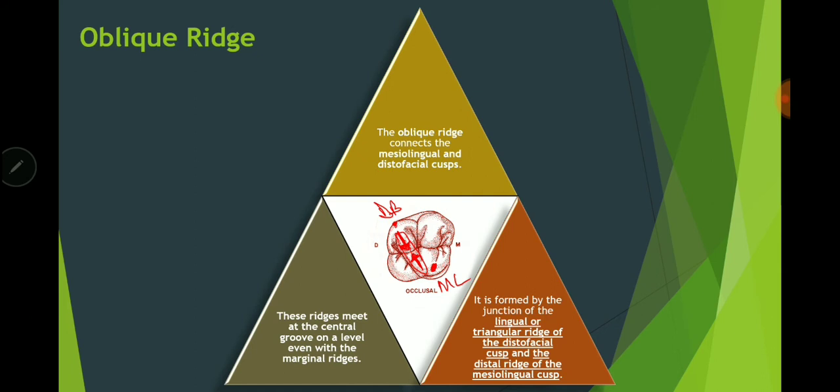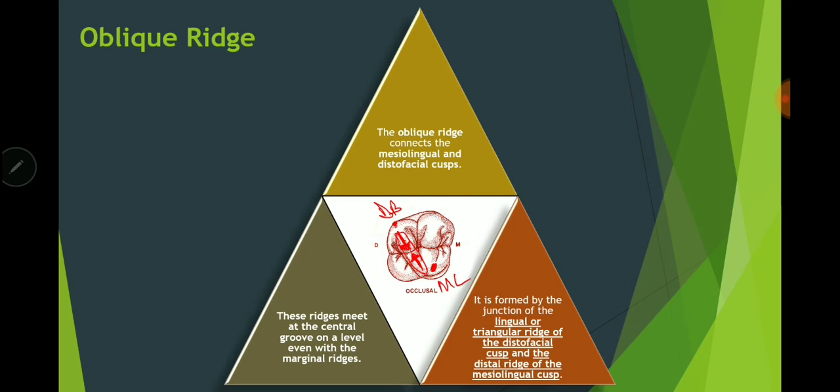So make sure you remember that. And these ridges meet at the central groove. So the ridges that form the oblique ridge, also the ridges of the transverse ridge, they all meet at the central groove.